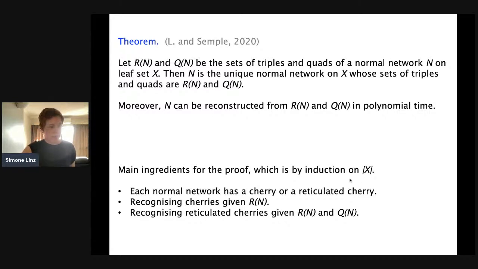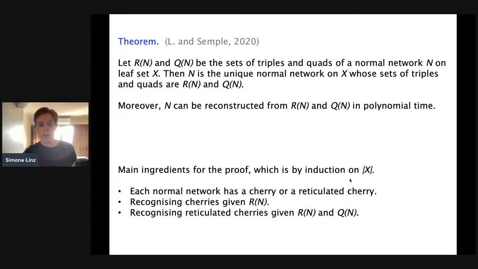So if you think about trees for a minute, whenever we do induction on the number of leaves in the tree, often what we look at is a cherry in the tree. We know that each tree has a cherry, so we can often delete a leaf in a cherry, and then this gets the induction going. For normal networks, yes, there could be a cherry, but we can easily think of an example where the network does not have a cherry.